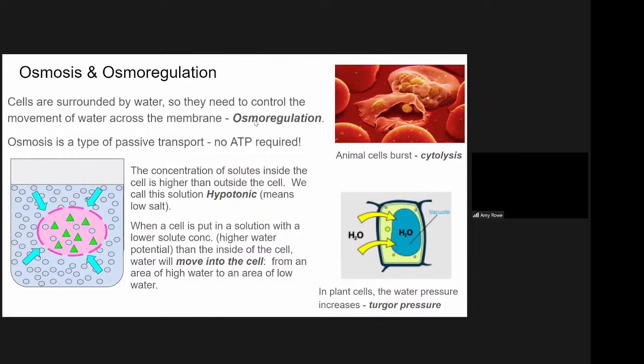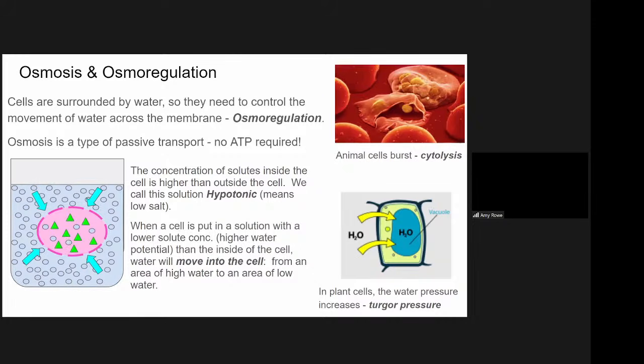So osmosis, as I said, is a type of passive transport. No ATP is required. It is all diffusion. If the concentration of solutes inside the cell, our green dots, is higher than outside the cell, we call this solution hypotonic.